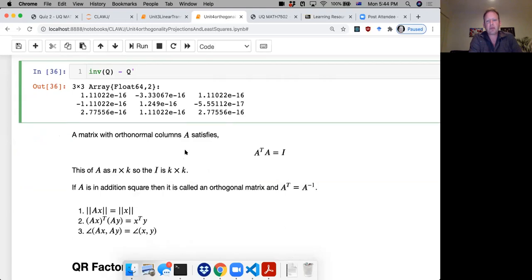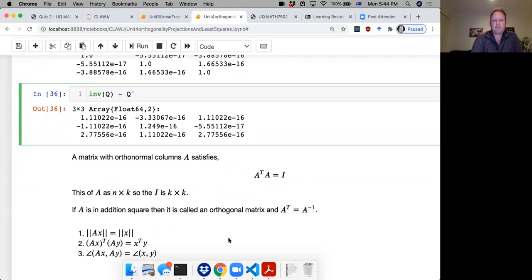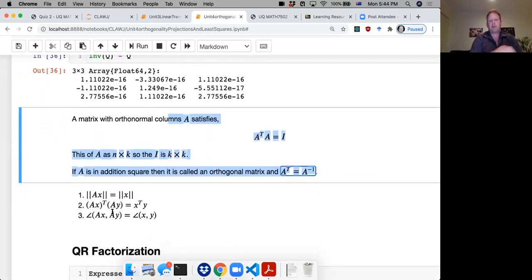So just a few more things about matrices with orthogonal columns, such as this Q that we got, okay? So here we call it A, but also often we'll call a matrix Q. So we know that Q transpose times Q is going to be the identity. We just saw this, okay? And so these things that you see here, we've just seen and we've spoken about before, but I don't think we've seen properties 1, 2, and 3.